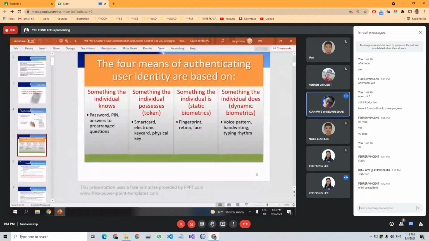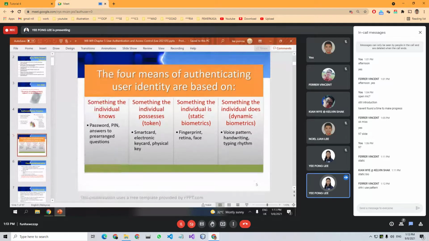Can they match the pattern of handwriting? But I'm in doubt also. You see, sometimes our signature is not the same size every time, but I think the tools are able to capture the style, the pattern.